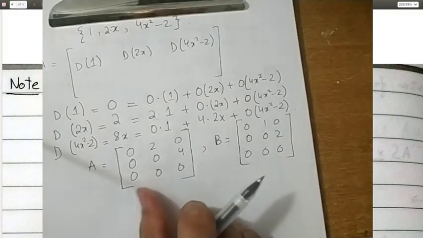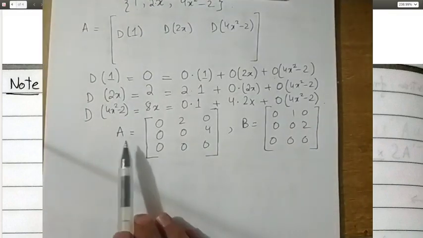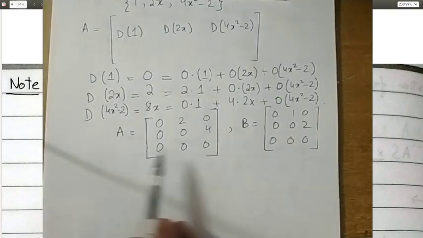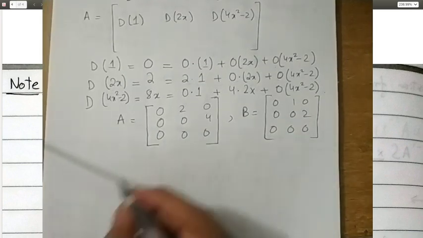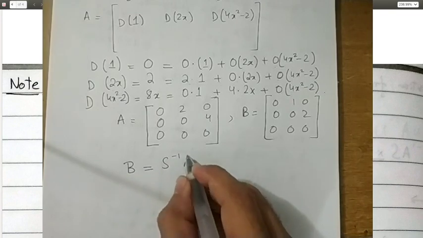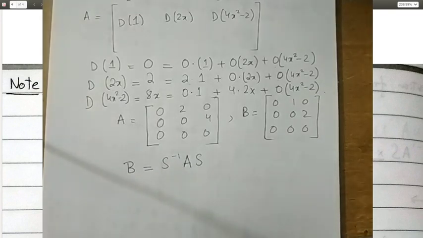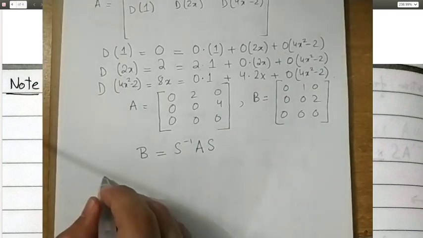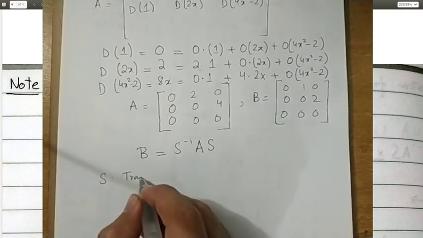And the question is, what's the relationship between A and B? And the relationship is simple. It is B equals S inverse A times S, where S is the transition matrix.